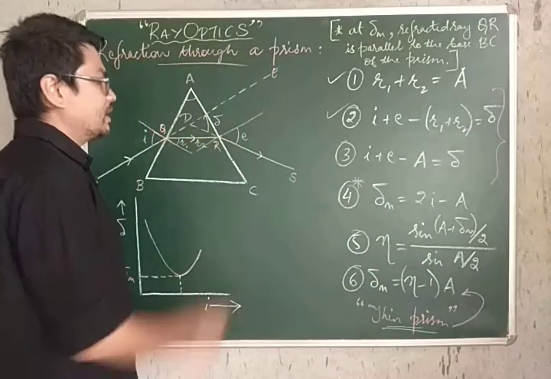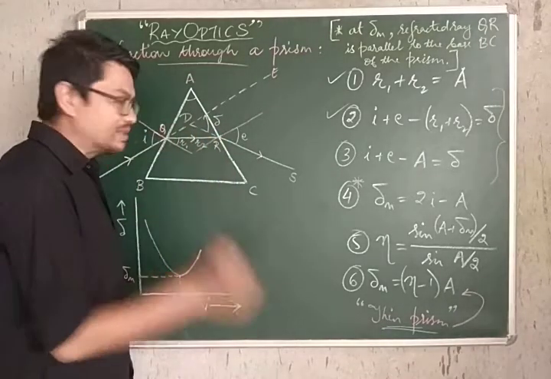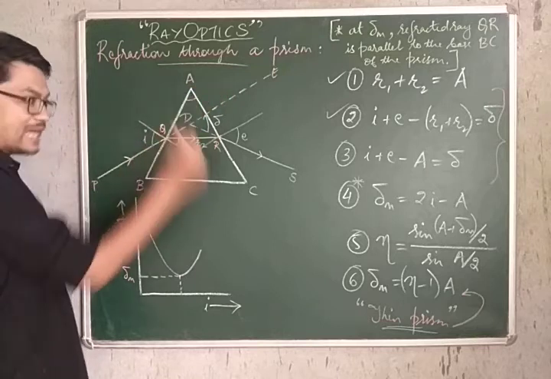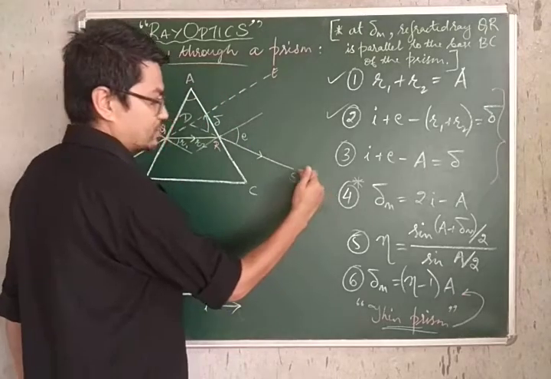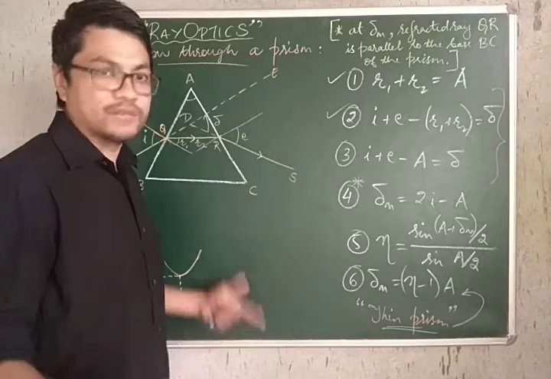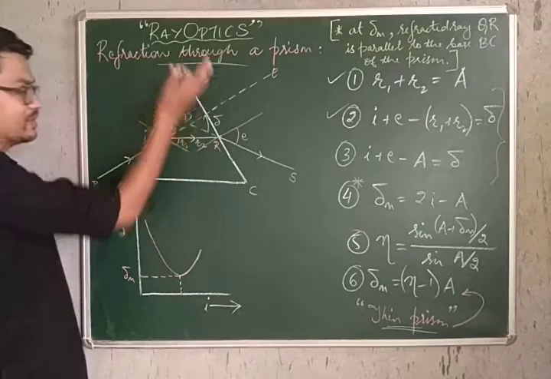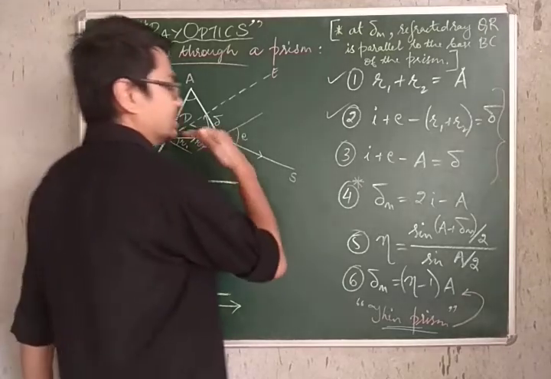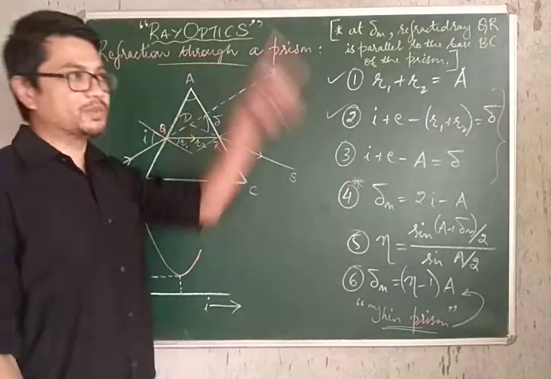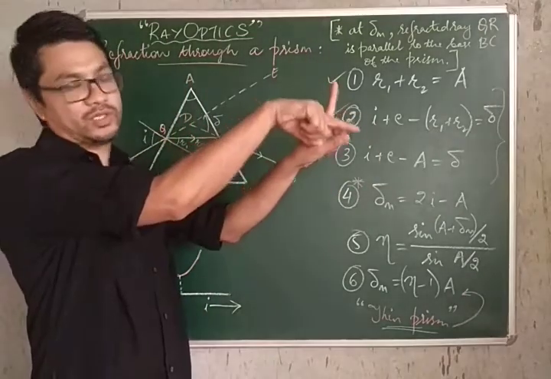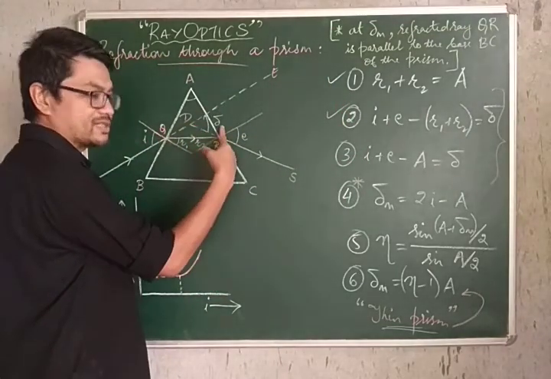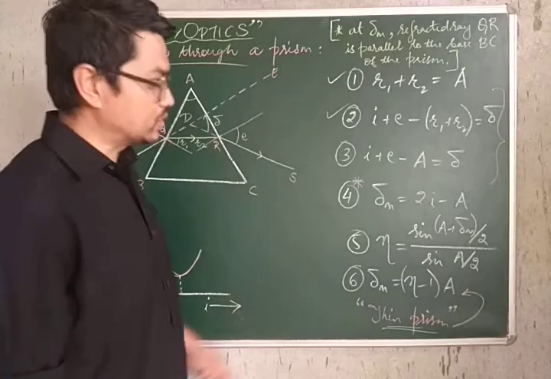It is simply the angle between the original direction of the ray of light and the eventual direction of the ray of light itself. Or so to say, it is the angle between the direction of the incident ray and the emergent ray, which is this angle over here, and is denoted by delta, like I've already told you.